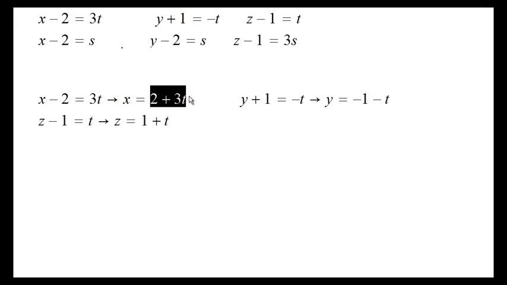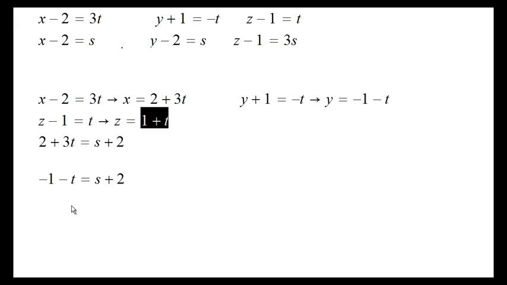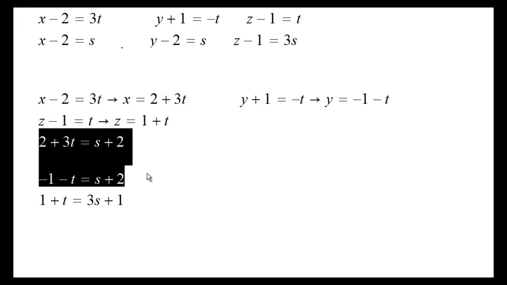So as we did before, we shall set 2 plus 3t equal to s plus 2, and we shall set -1 minus t equal to s plus 2 again, and then 1 plus t equals 3s plus 1.